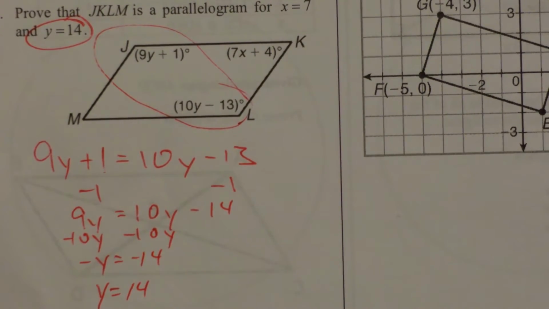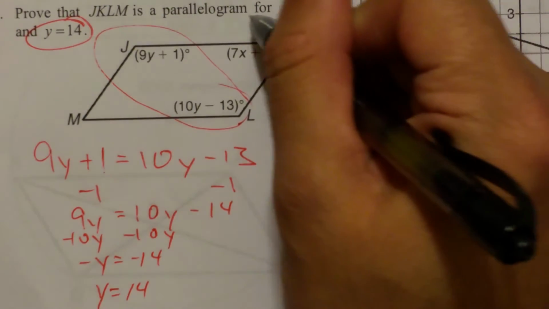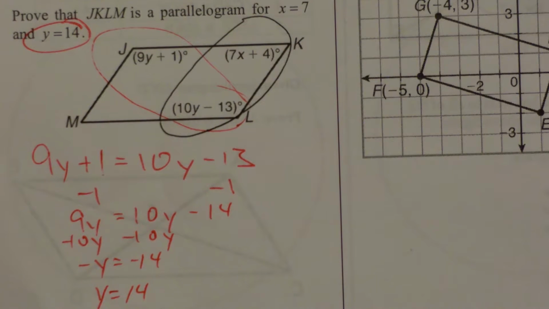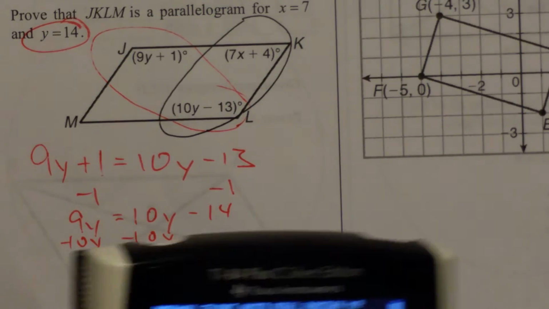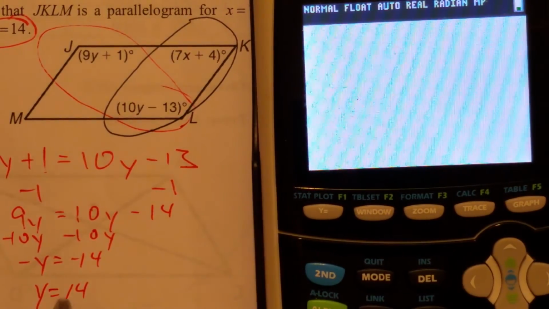So now the next thing I'm going to do is prove that this one's going to be 7. I know that these two together have to add up to 180 degrees. What I'm going to do is plug in. I know the value of y.